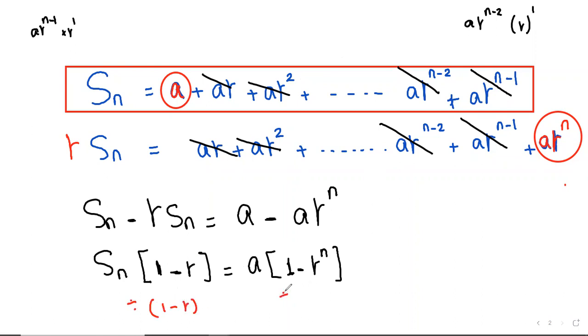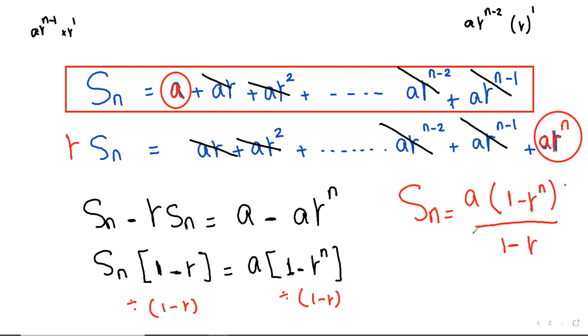So Sn equals a multiplied by 1 minus r to the power of n over 1 minus r. That's the sum of all terms of a geometric sequence, Sn.